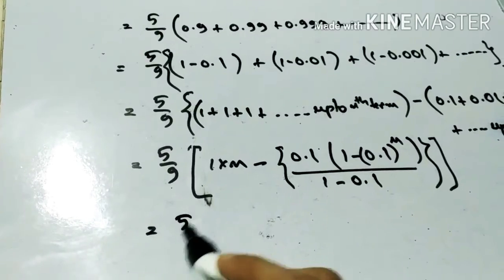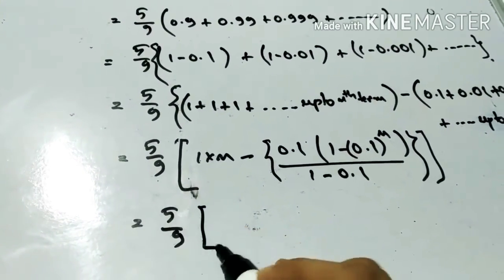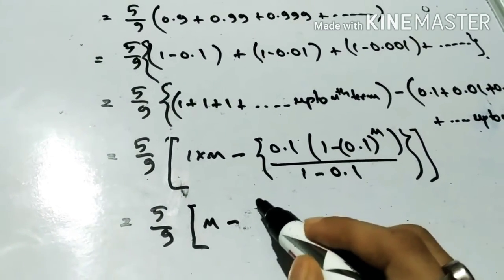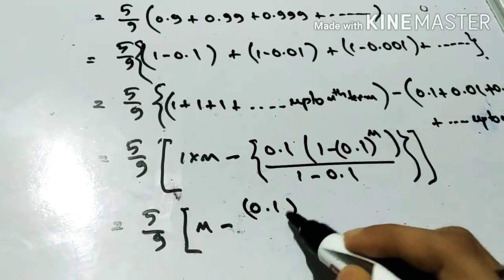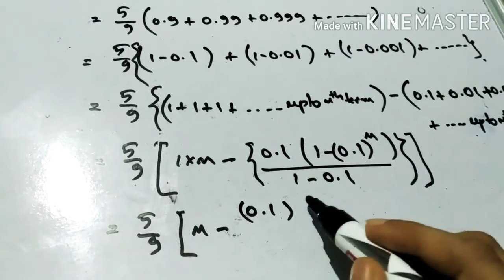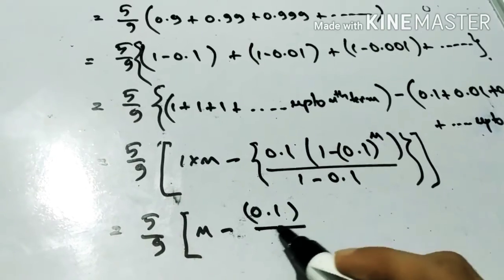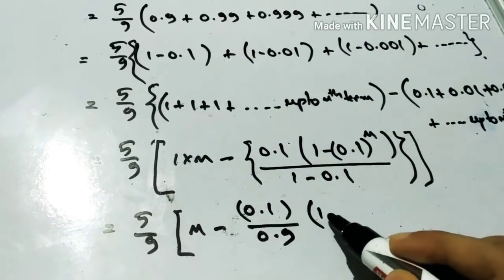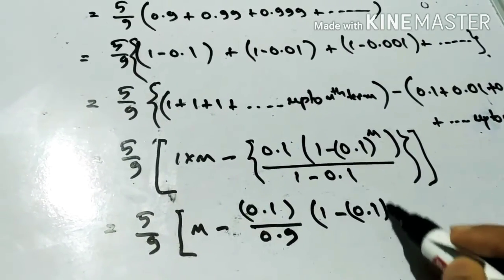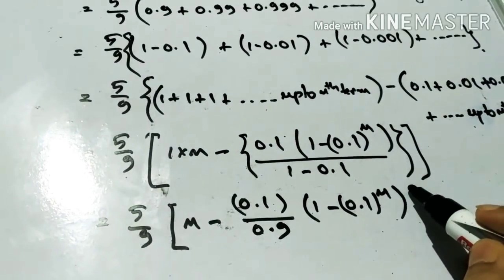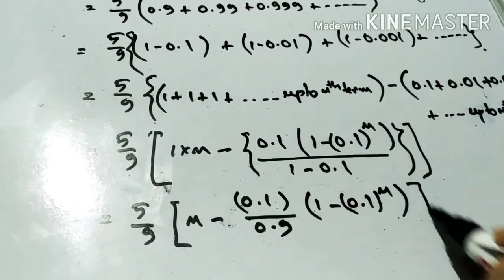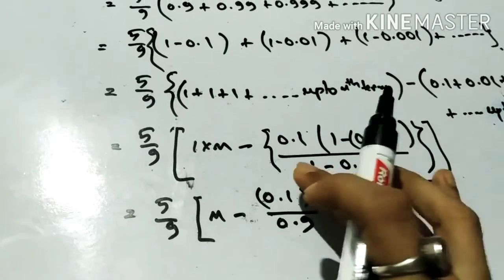So this is ultimately 5 by 9 n minus 0.1 by 0.9 into 1 minus 0.1 to the whole power n.